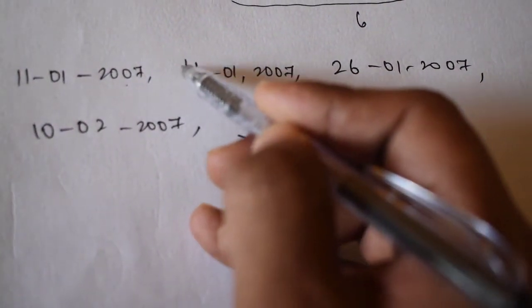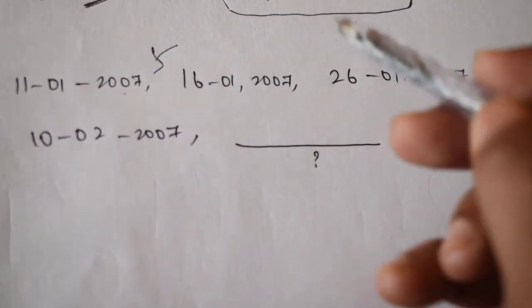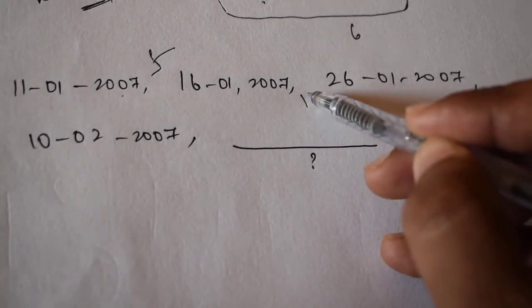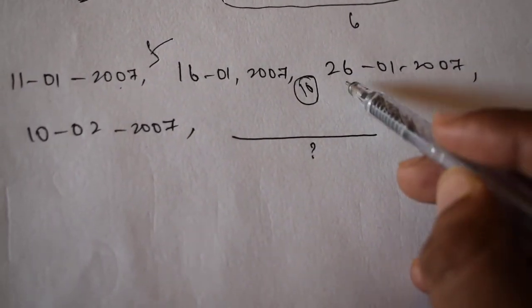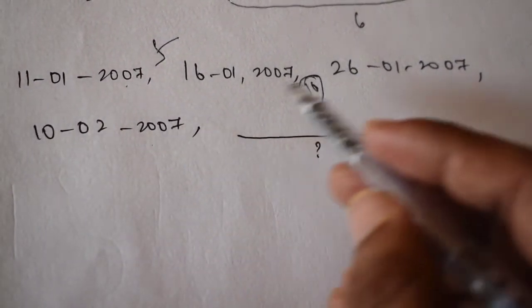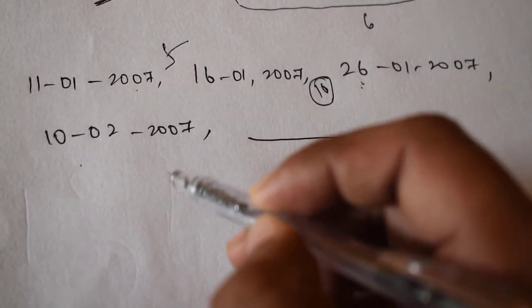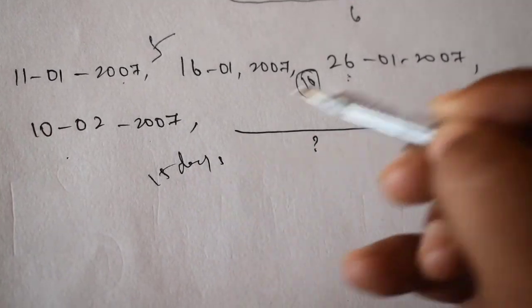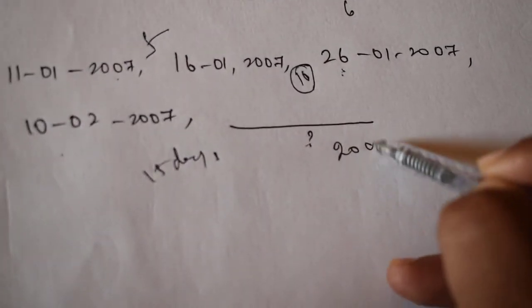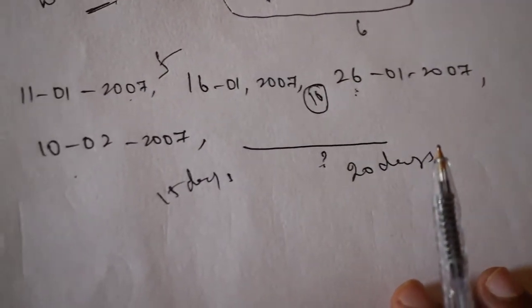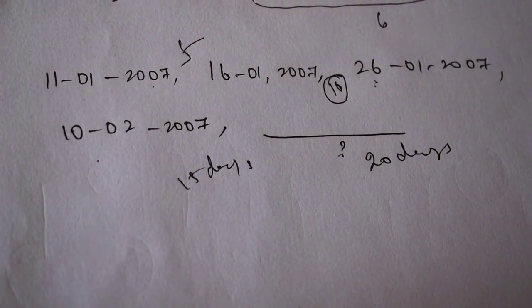The difference between the first two dates is 5 days, and here it is 10 days. From 26th January to 10th February, we have 31 days in January, so it is 5 plus 10, 15 days here. So the difference should be 20 days here. So the 20th day after 10/2/2007 will be the answer for this question.